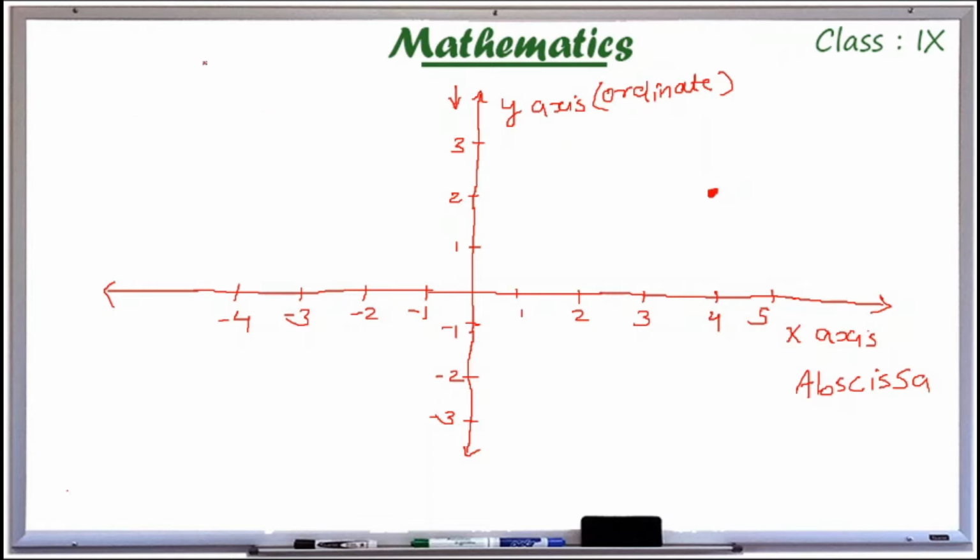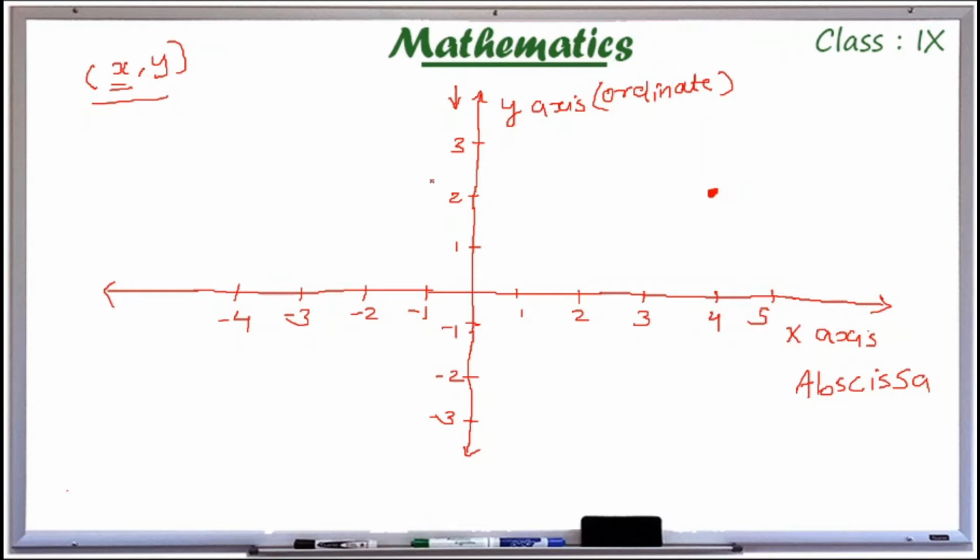When I mark a point on that plane, it is represented by two numbers of the form x comma y. Every name is represented in this form, where the x value is the value obtained on the x-axis and the y value is the value obtained on the y-axis.